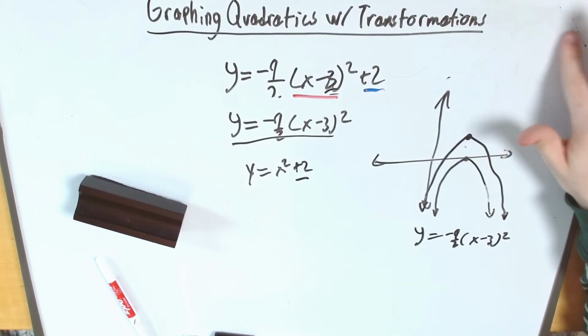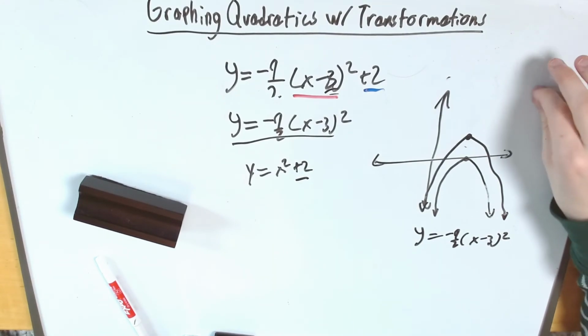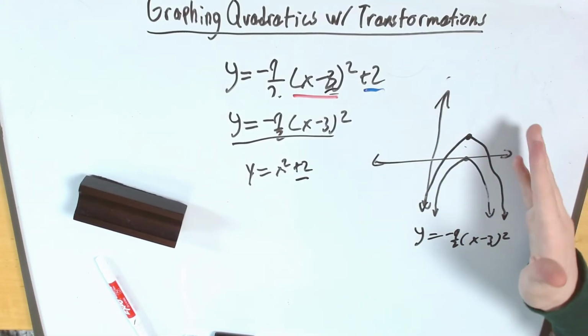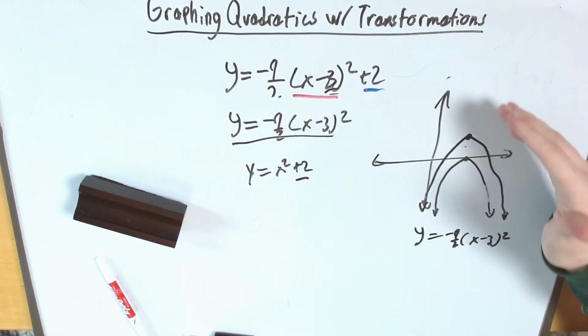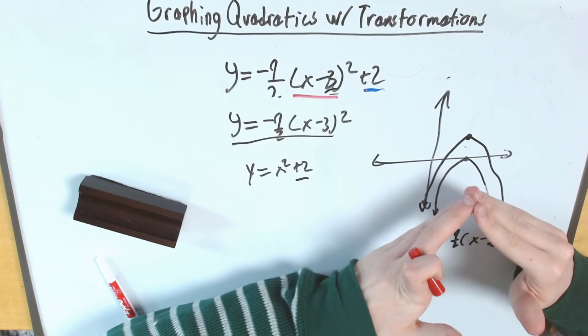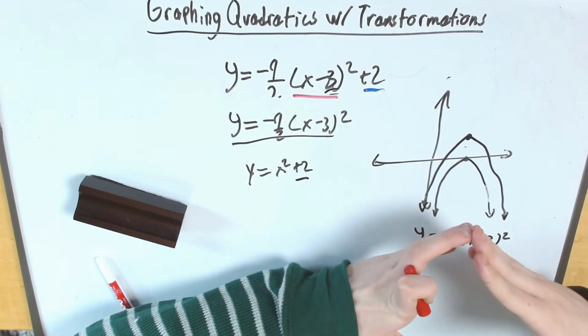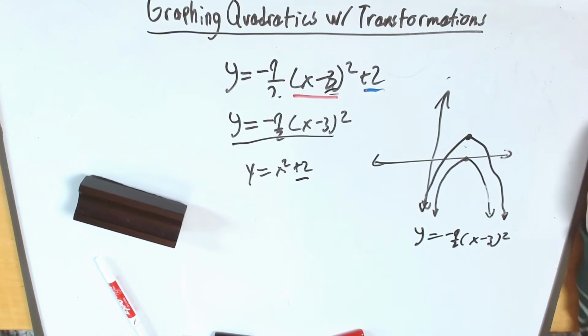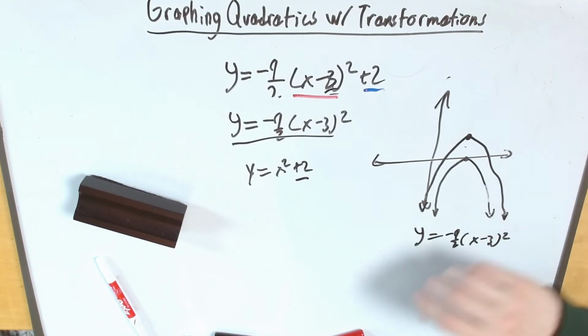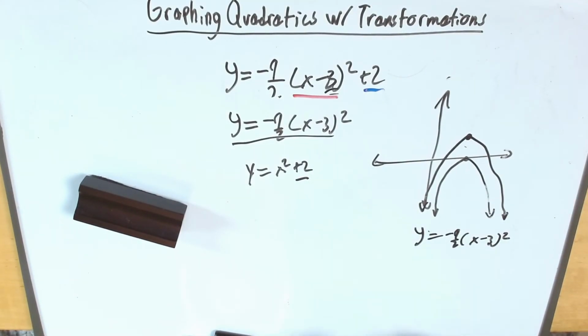You won't have to do anything like plotting points, because once you know the rules, like, oh, if it's plus 2, I'm going to shift it up, or oh, if it's -1/2, that means A, it's going down, and B, it's going to have a less steep slope, then it's far, far easier for you to graph than having to manually plot out points and say, is this the pattern? Is this the graph? Is this working? It's just a lot quicker and a lot swifter.